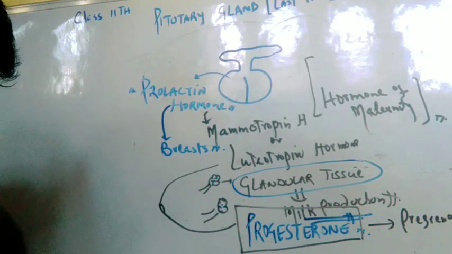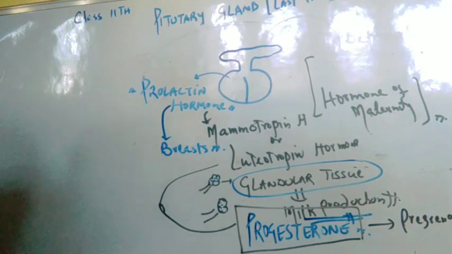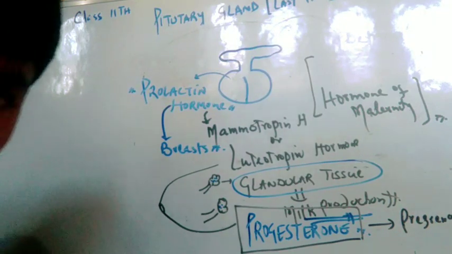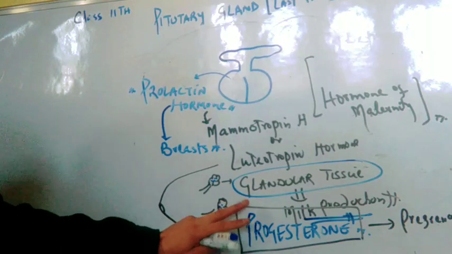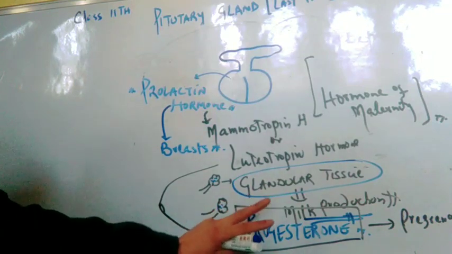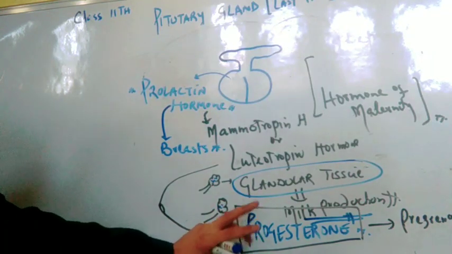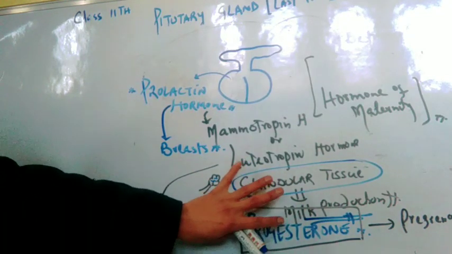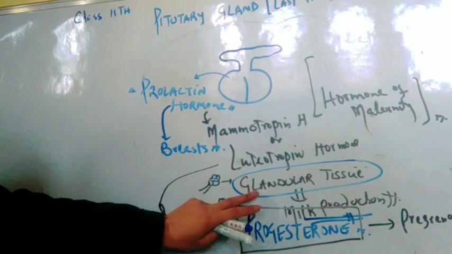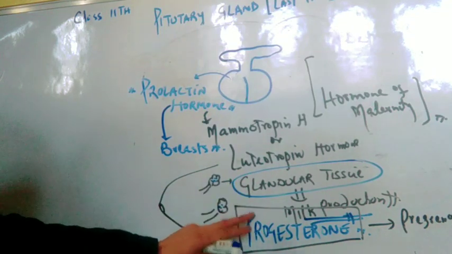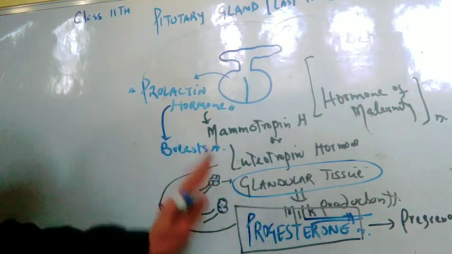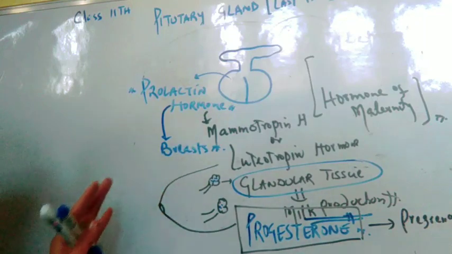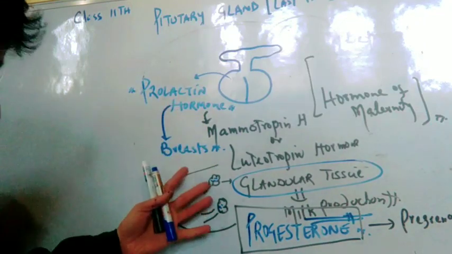Now, the third point. Please have a recapitulation. Prolactin hormone is also known as mammotropin hormone or luteotropin hormone, and the effect of this mammotropin hormone is to stimulate the production of milk. It is used for making milk. I also said that in the pregnancy stage prolactin hormone is found in higher amounts, due to which there is breast development.